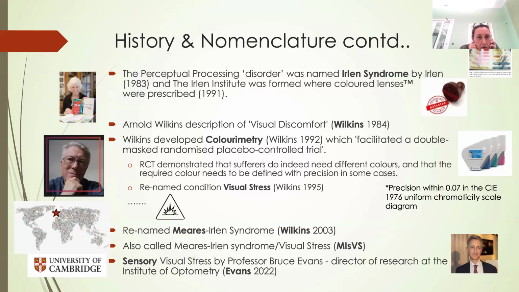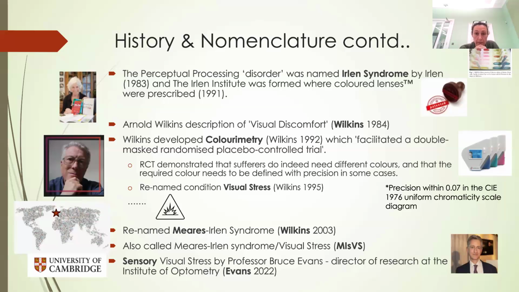At the same time, Arnold Wilkins' description of visual discomfort, published in Brain in 1984, looked at the aversion to stripes, the viewing conditions that would reduce the aversion, and the structure of the stripes that would increase it.